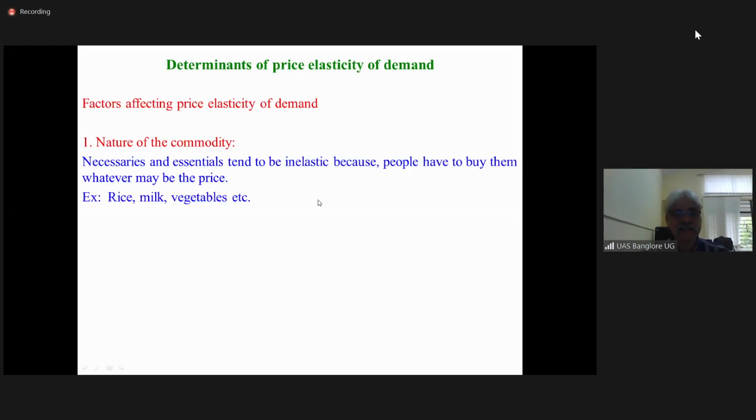Example, rice, milk, vegetables, and so on. So whether the price is 50 rupees or 55 rupees or 60 rupees, you have to buy rice, milk, vegetables, and so on.